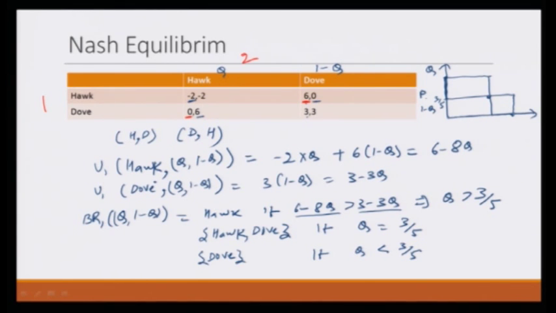This we have already obtained. This is hawk, dove, this is dove, hawk, and this is the mixed one. This is what we get as the Nash equilibrium. There are 3 equilibria that we obtain. You should also obtain the value of this. I have already written 3/5. This should be 3/5.